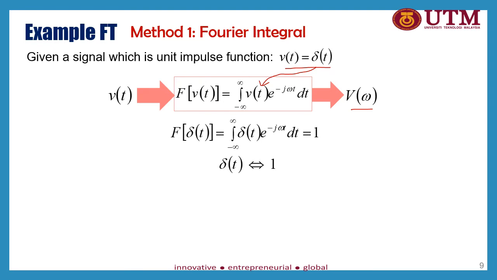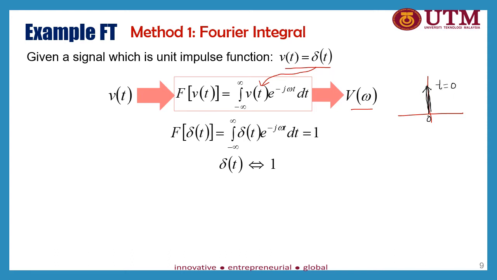Notice that the signal delta t is this: a pulse at t equal to 0.